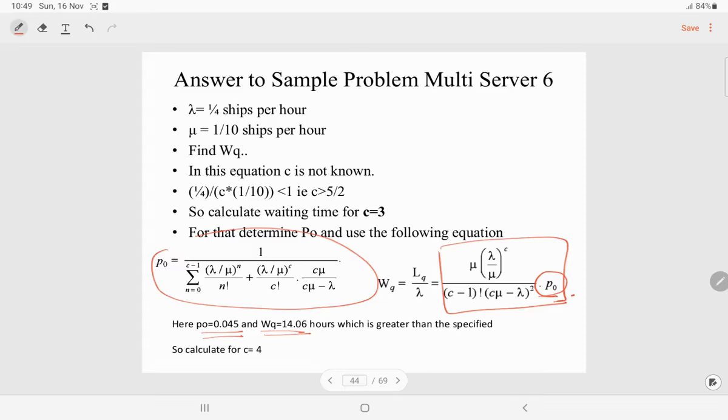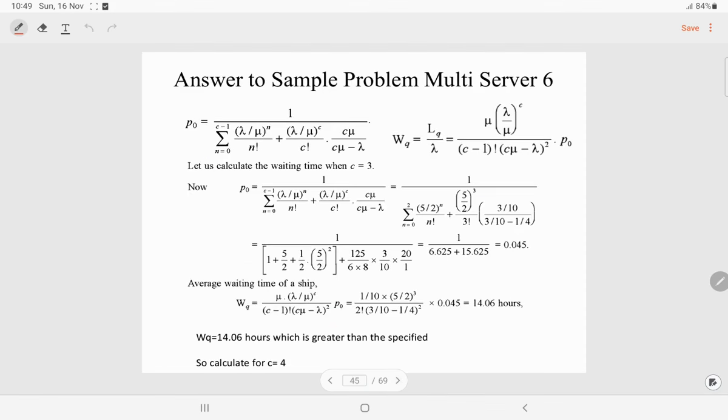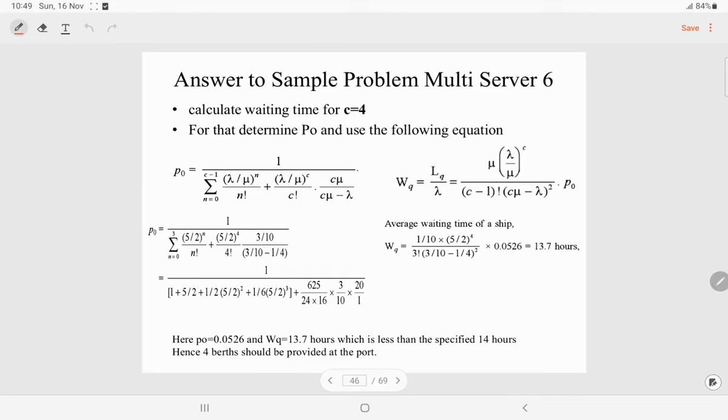But the requirement was that it has to be less than 14 hours. So we will recalculate for C is equal to 4. This was the calculation for C is equal to 3. Now we are doing it for C is equal to 4. We got WQ equal to 13.7, which is less than the specified 14 hours. Hence 4 berths should be provided at the port.